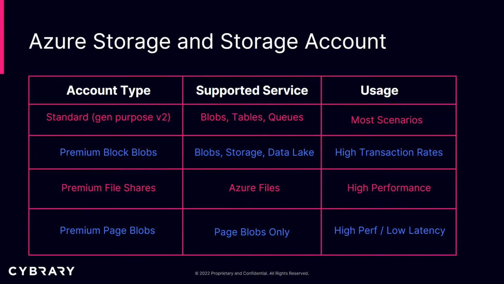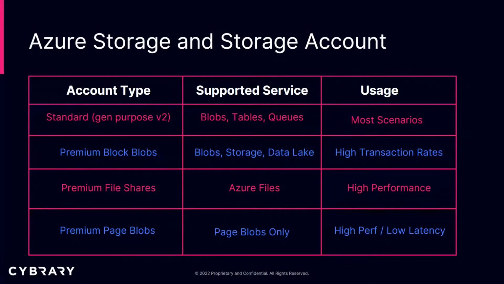Obviously, the standard account type has evolved over the years, which is why it is now known as the general purpose version 2 account. Standard account type includes blob storage, and this blob storage can include data lake storage type. It also includes queues and tables, table storage, and Azure Files.